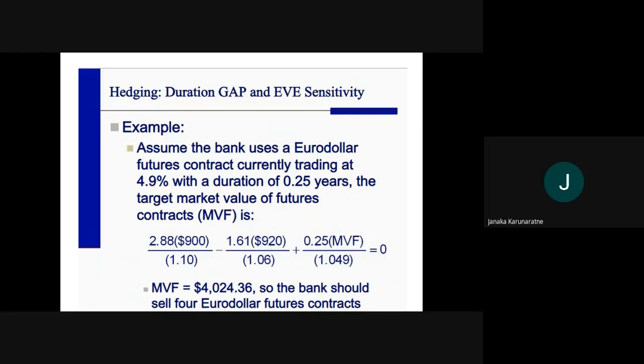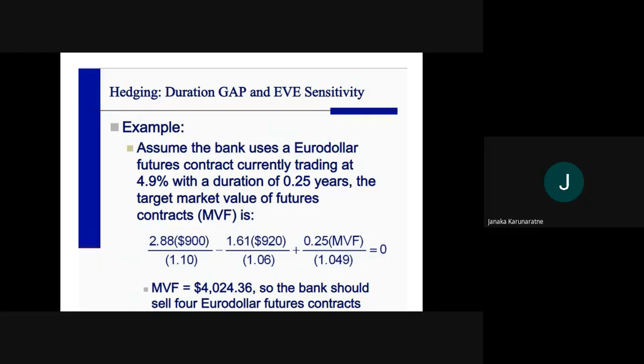For example, if you have a duration of assets 2.88 and liabilities 1.61 with market values, we can find out the market value of financial futures to hedge the position completely, and then find a particular instrument to either buy or sell to cover our risk position.